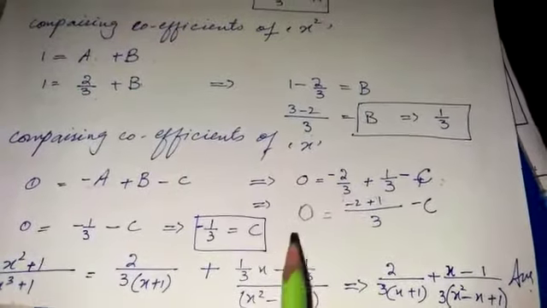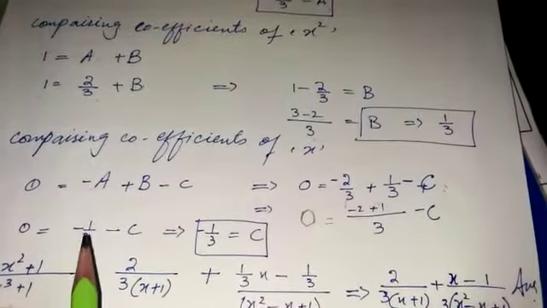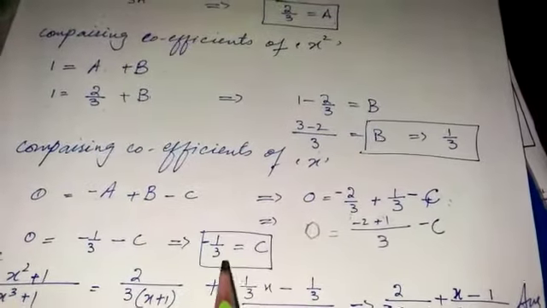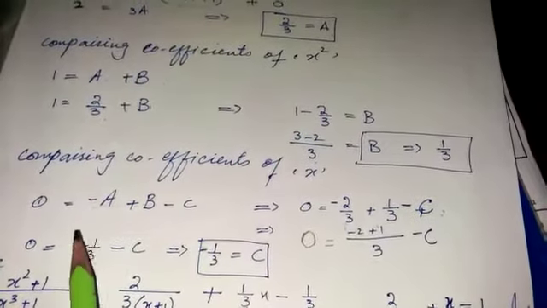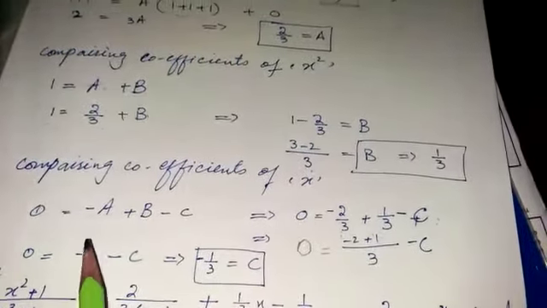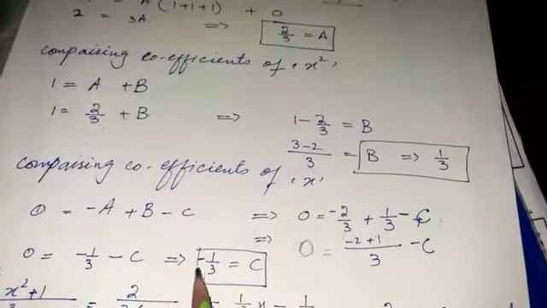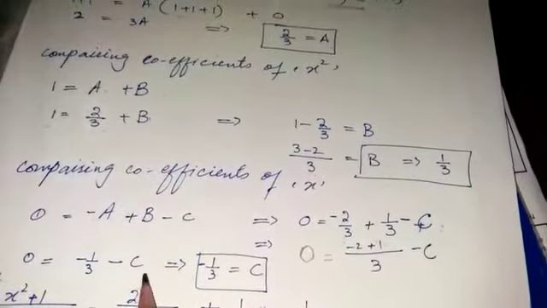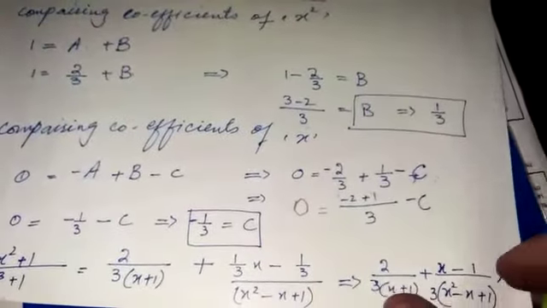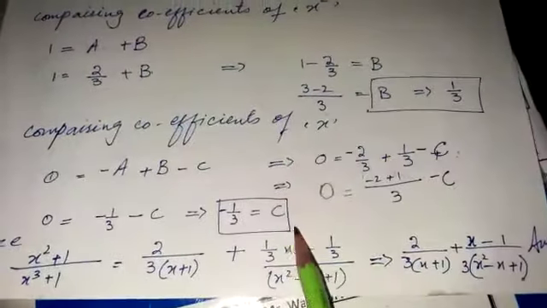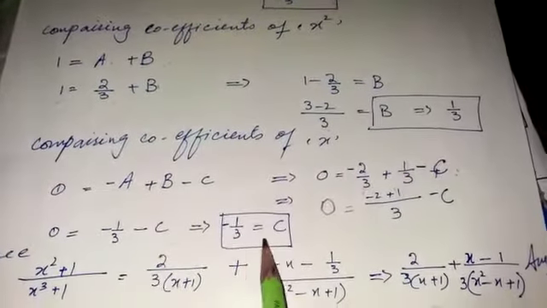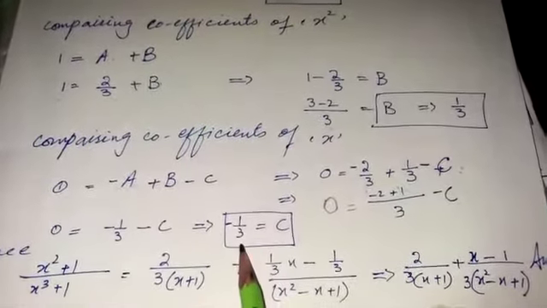Now minus 2 plus 1 equals minus 1, so minus 1 by 3 plus c equals 0. This minus 1 by 3 will be shifted to the other side, and we get c equals 1 by 3.